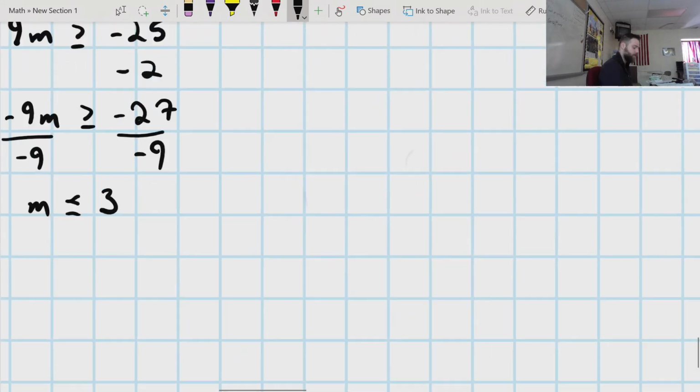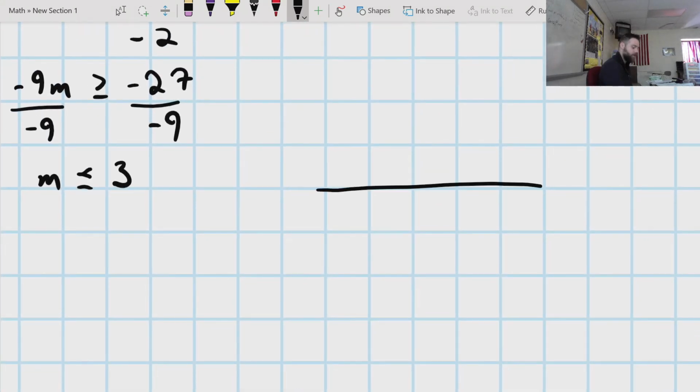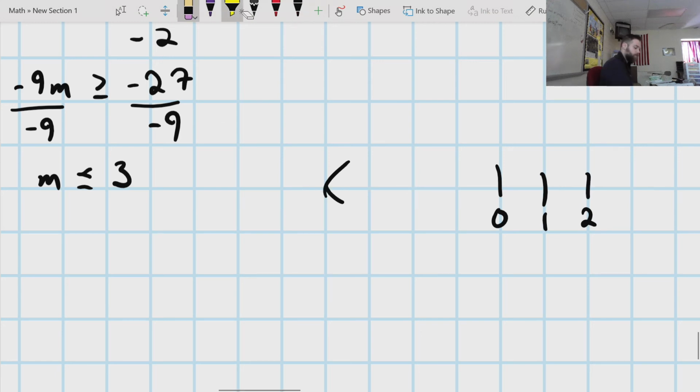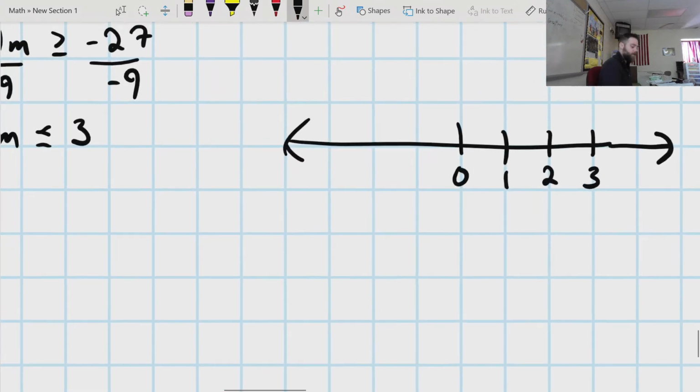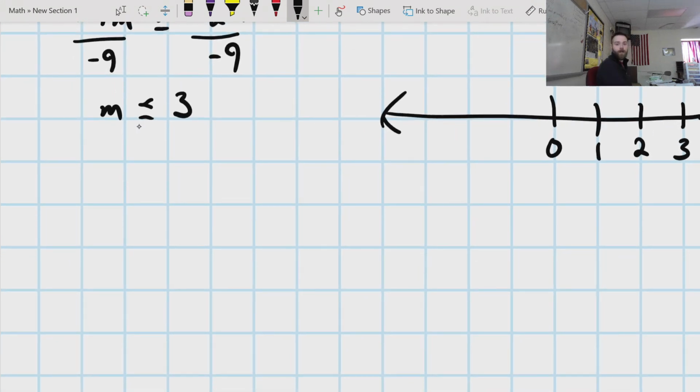And so now I'm going to graph that interval. So 0, 1, 2, 3. I'll graph that interval. And with this inequality over here, I've got an equal to sign at the bottom.